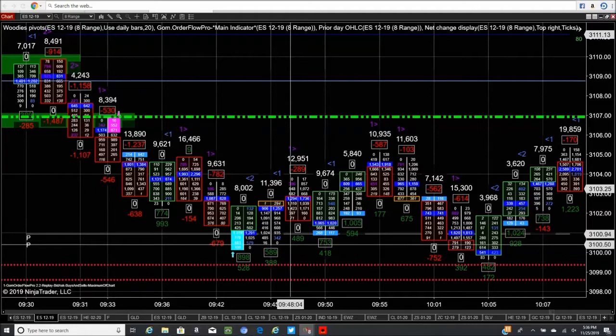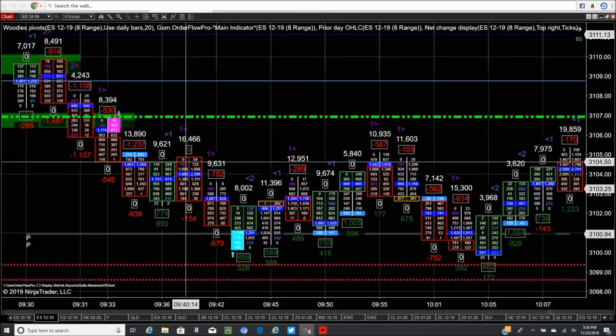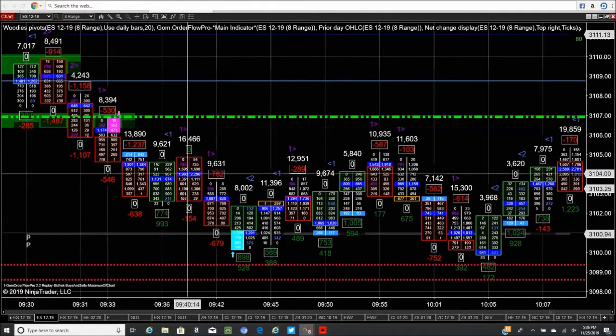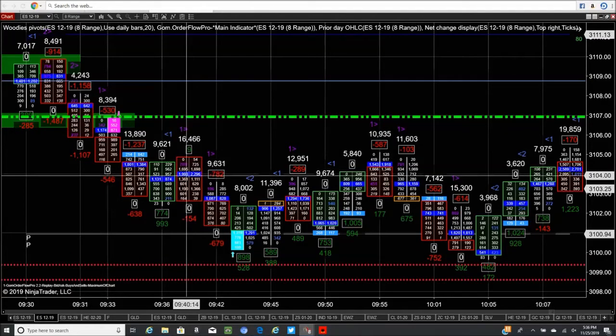And in the previous video, I go over exactly what that means and how to utilize it. But there is a third element to that. When you get those divergences, you need to have this point of control, the blue, outside of the box. Okay, outside of the body of the candle.